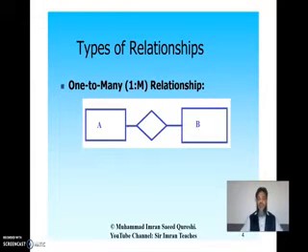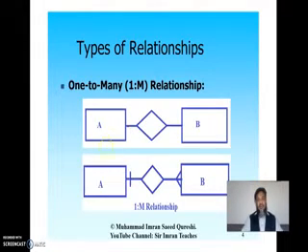Let me explain it with another example, another diagram. Look here. If I say that for one record of A, maximum how many records of B can I have? You are telling me many records. And when I ask, for one record of B, maximum how many records of A? You tell me only 1.